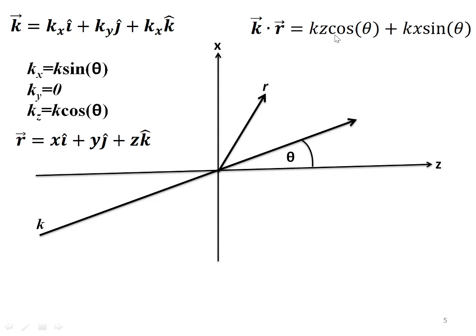Yes, that's it, correct. This term is coming from the multiplication of the z components, and this term is coming from the multiplication of the x components. So k sine theta into x is coming here, and k cos theta into z is coming here. So k dot r vector is equal to k into z into cos theta plus k into x into sine theta. Correct?